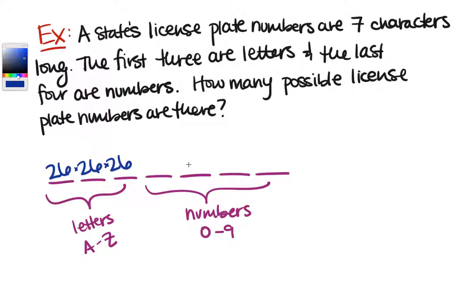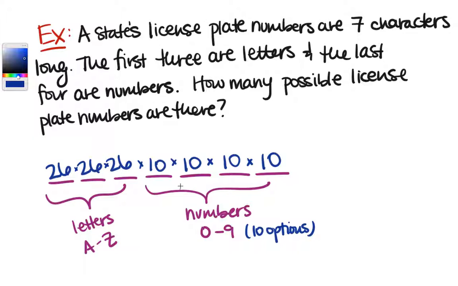And for the numbers, we want to be careful here because it's 0 to 9. So 1, 2, 3, 4, 5, 6, 7, 8, 9, that's 9 options, plus 0 is 10 options. So we need to be careful to make sure that these are 10 because we're including 0 as a possible option.